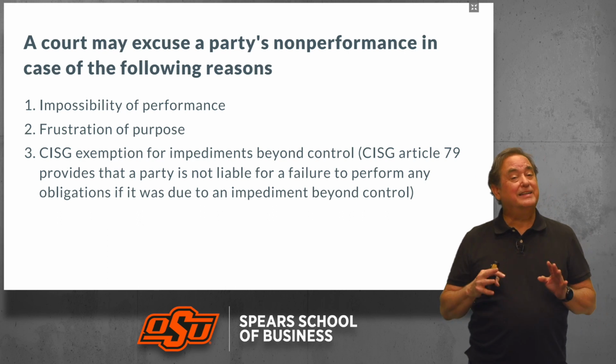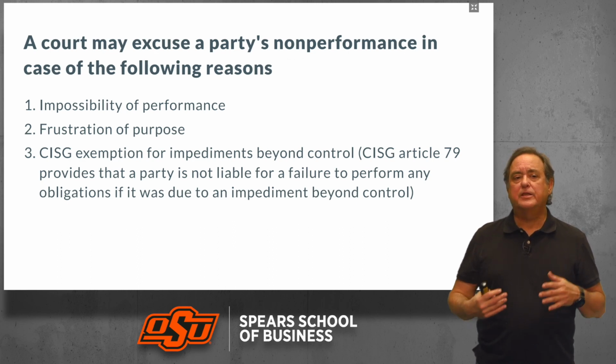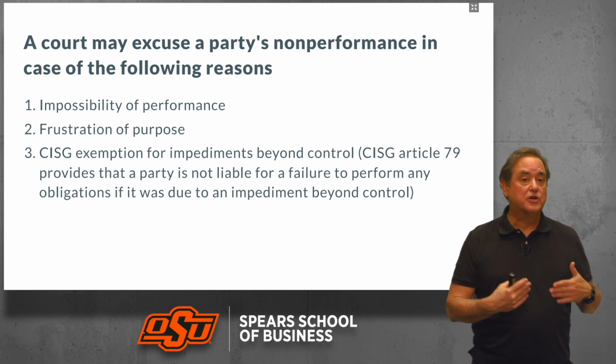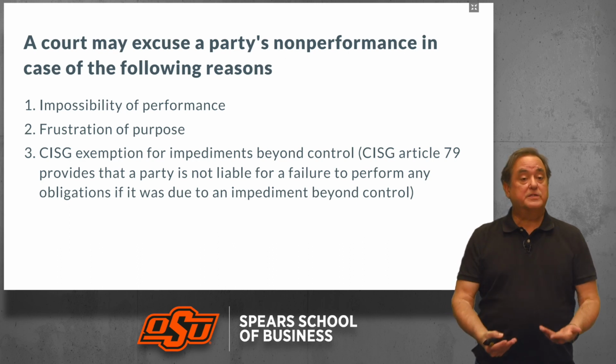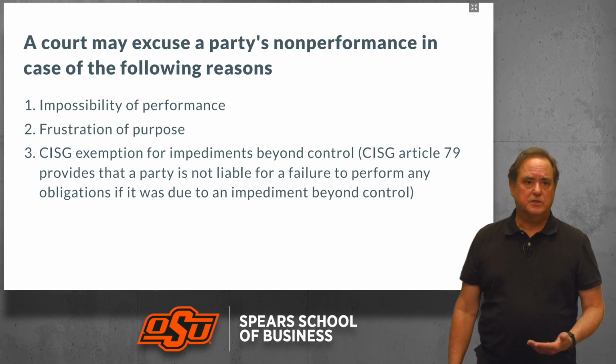Now, impossibility could be a gray area, right? So impossibility of performance, again, you as a defendant, you have to assert that it was impossible for you to perform, impossible for you to comply with the terms of the contract.